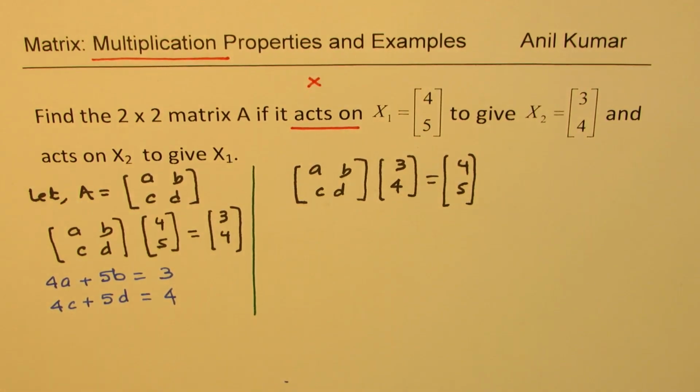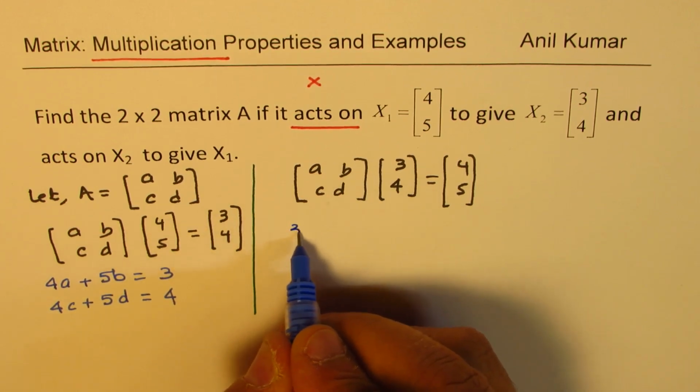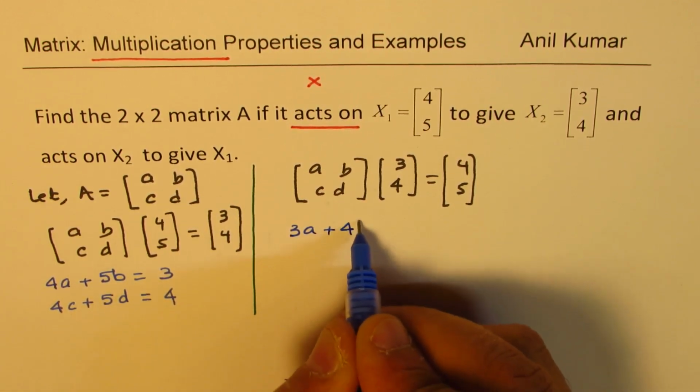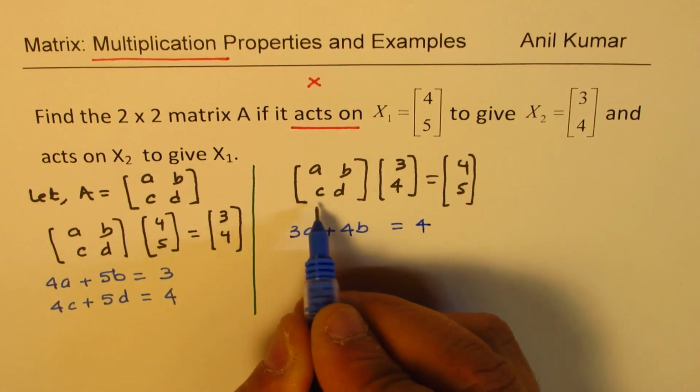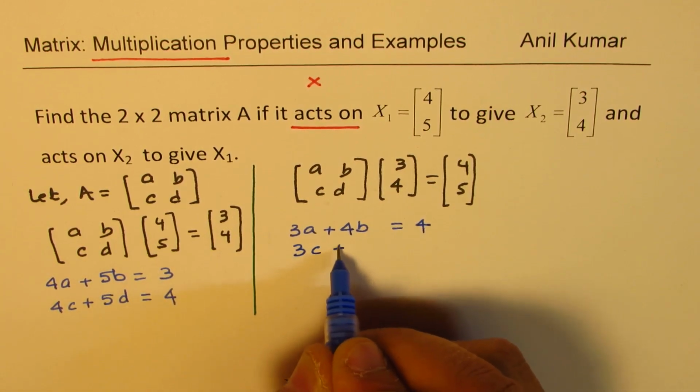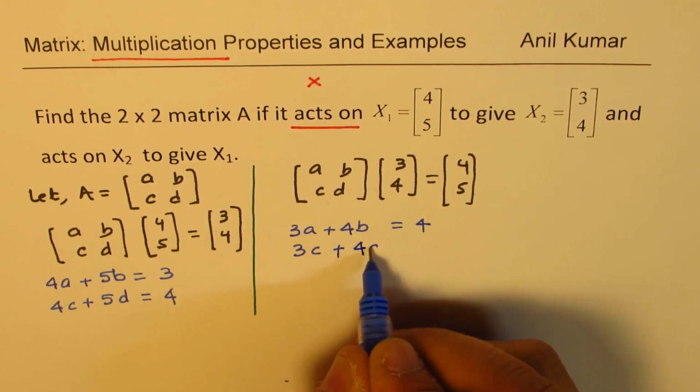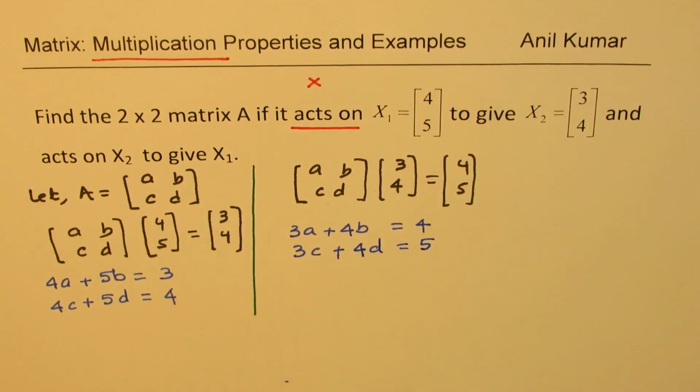We can write this as 3a plus 4b equals 4, and 3c plus 4d equals 5. These are the equations we have derived.